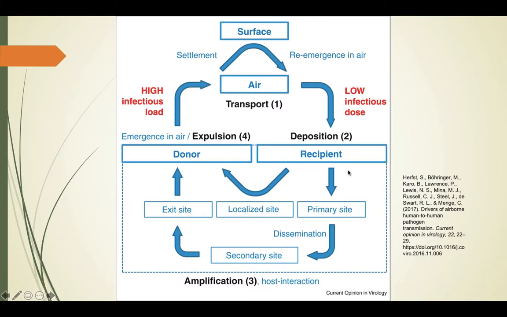After infection of susceptible cells, pathogens may amplify at the site of deposition, what we call the primary site, and they may also affect secondary or peripheral tissues. They may disseminate from the primary site to a secondary site.